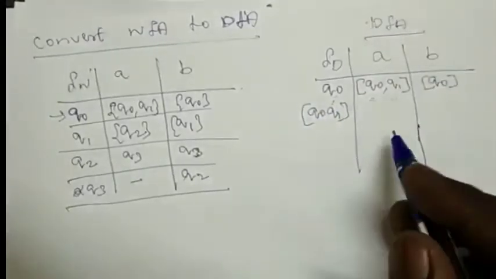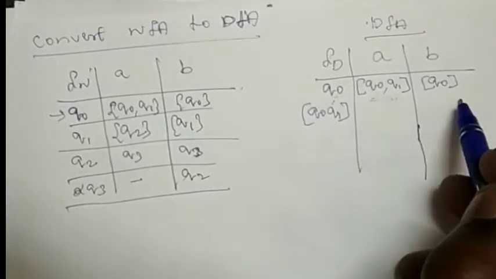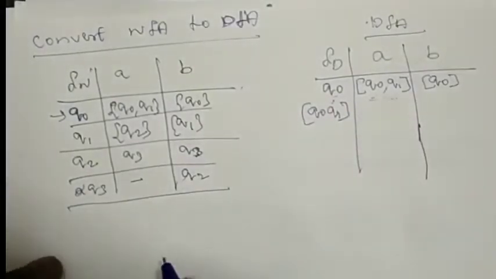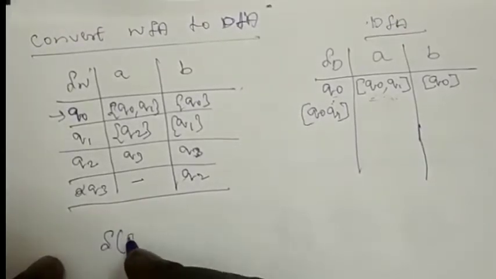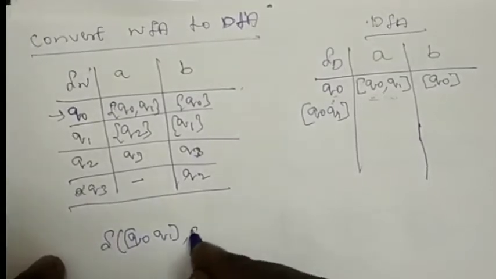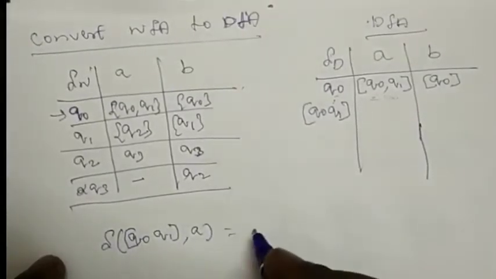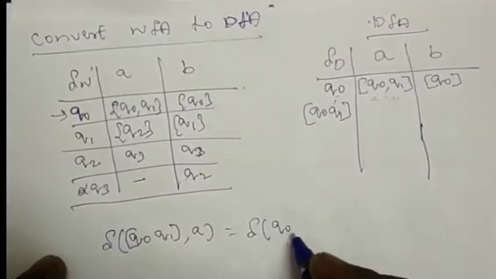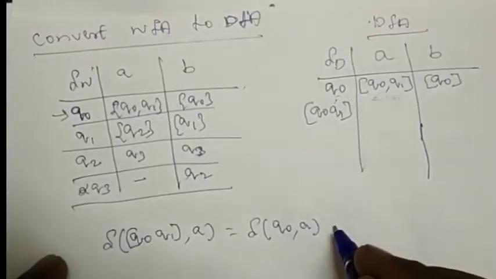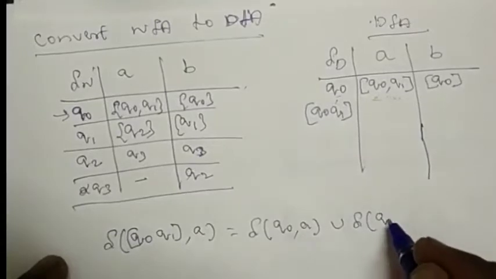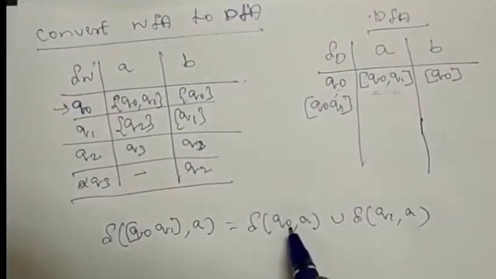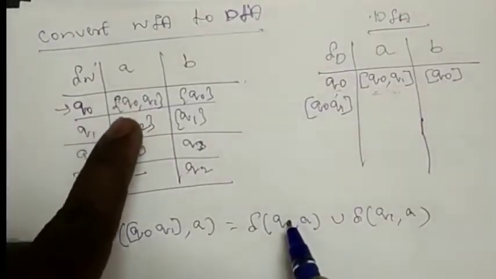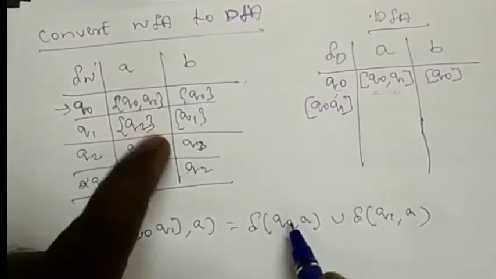Now in Q0, Q1, if you apply A, what will be the output? Let me go to the derivation here. Delta of Q0 comma Q1, when I apply A, can be abbreviated as delta of Q0 comma A union delta of Q1 comma A. When you apply A to Q0, per the NFA diagram, it goes to Q0 and Q1.